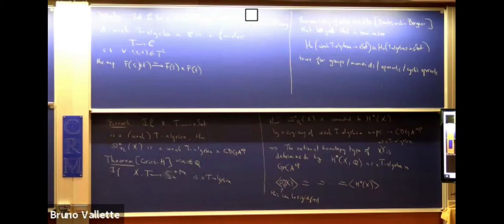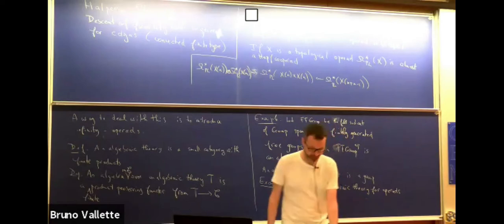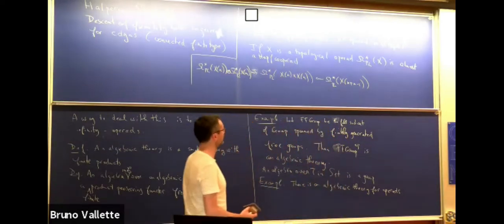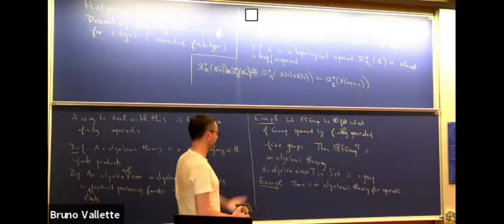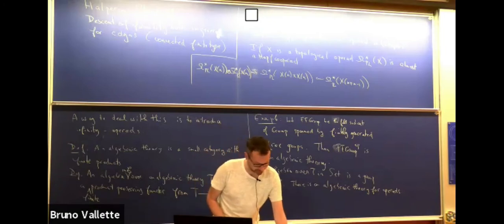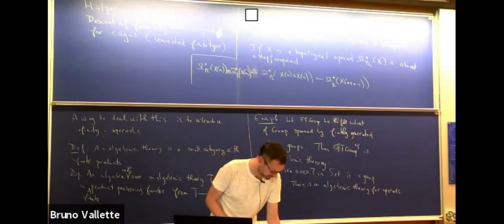This Hopf formality result is not so mysterious when you phrase it in this language, I think. Okay, so now I can go to the main topic of my lecture, which is positive characteristic.